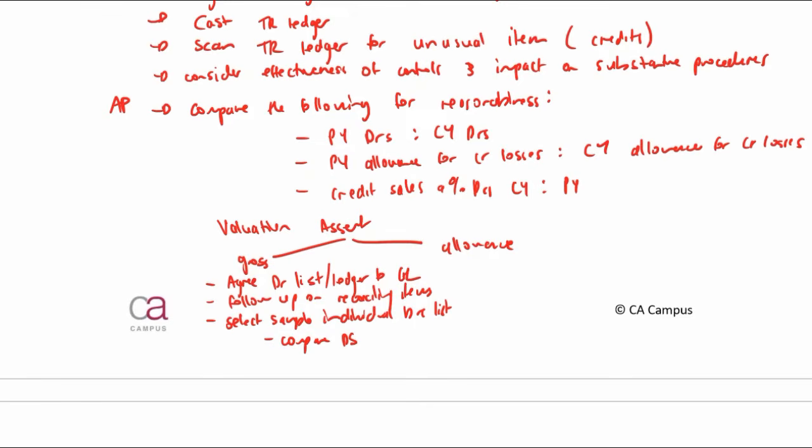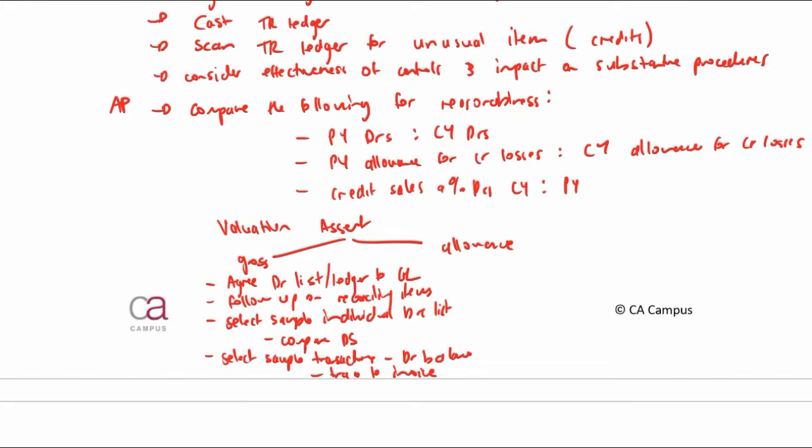And I can test the actual cost of the debtor for a sample of debtors by tracing it to the invoice. So select a sample of transactions in a debtor's balance and trace it to an invoice to make sure that it is recorded at the correct amount.